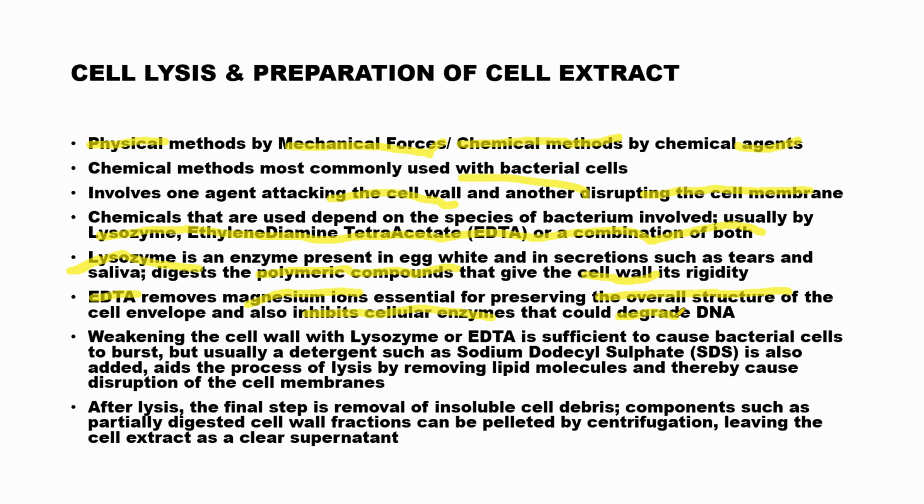So lysozyme will digest the polymeric compounds which provide the cell wall with rigidity, whereas EDTA removes magnesium ions. Magnesium ions help in preserving the overall structure of the cell envelope. Then, as a second function, EDTA also inhibits cellular enzymes.